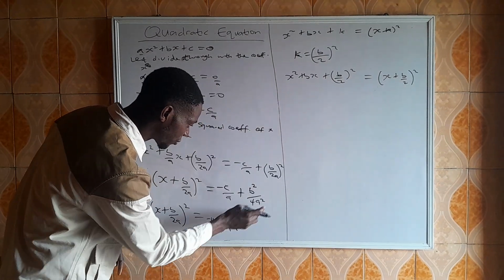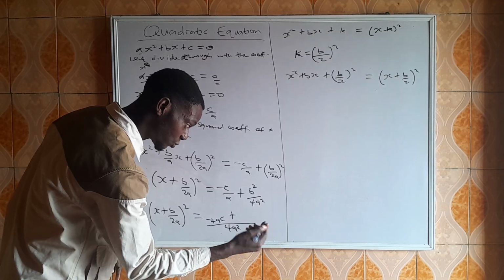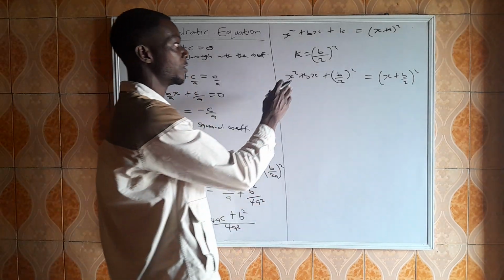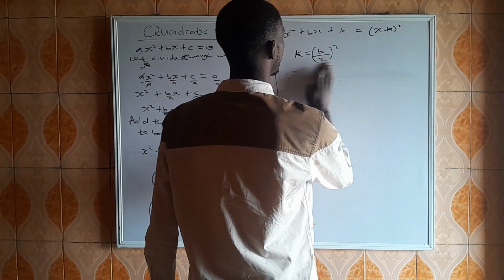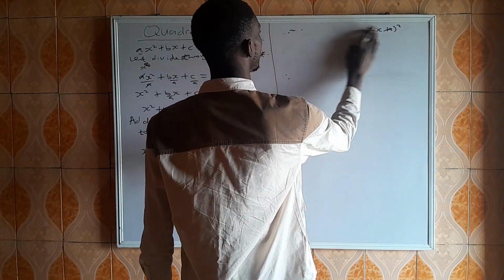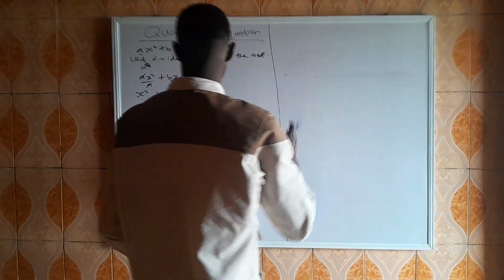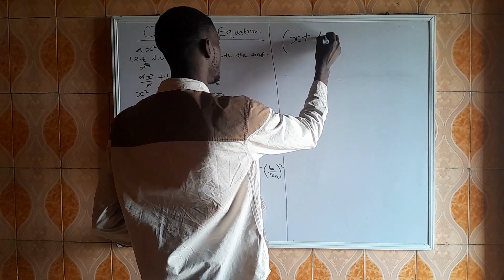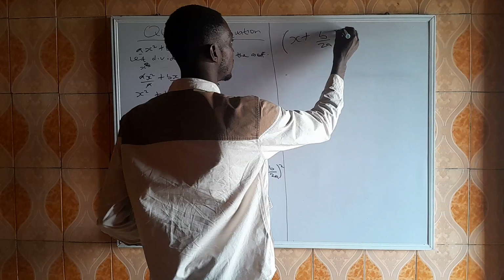Plus 4a squared divided by 4a squared, that is 1, multiplied by b squared. So you have b squared. Let me erase this. So for me, we can have x plus b over 2a whole squared.